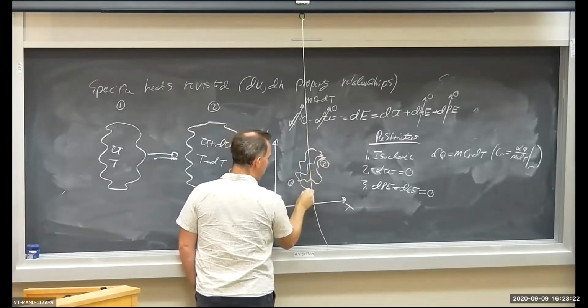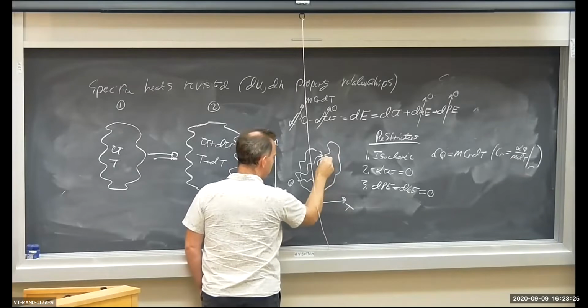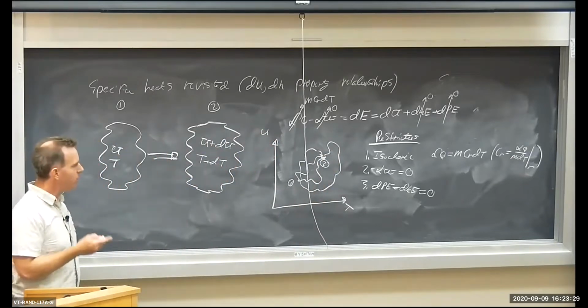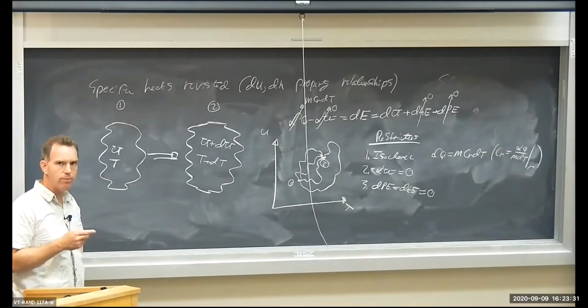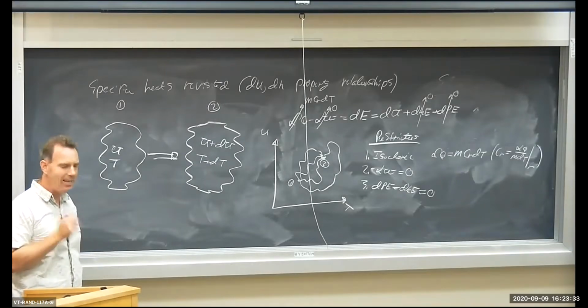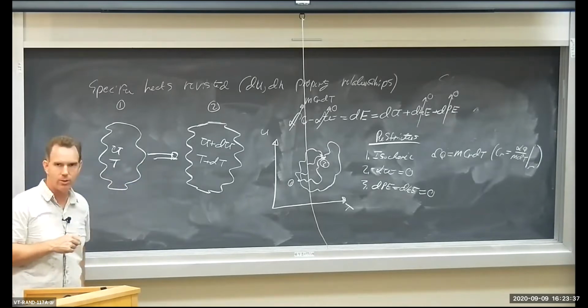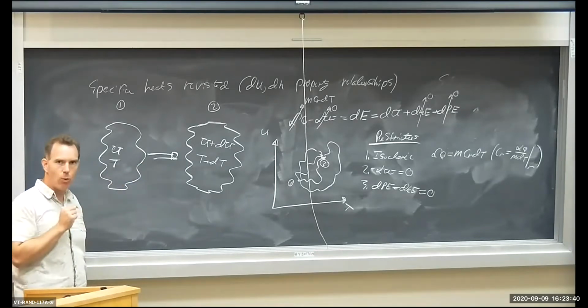I could do any path I wanted. So it didn't matter that I took a constant volume process. I could have taken any process, any path between these two endpoints over this differential process, and I would get the same equation.